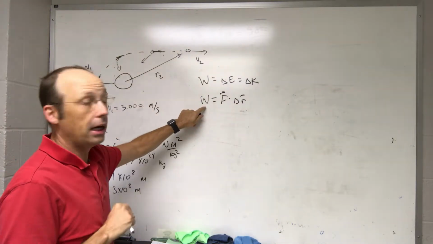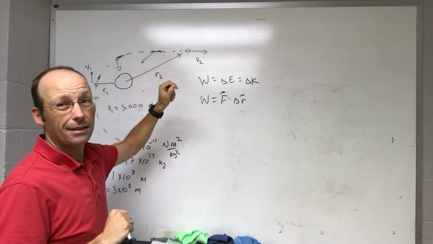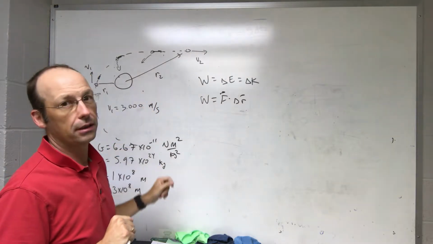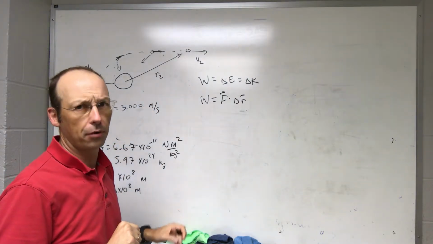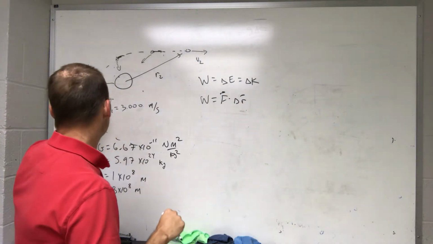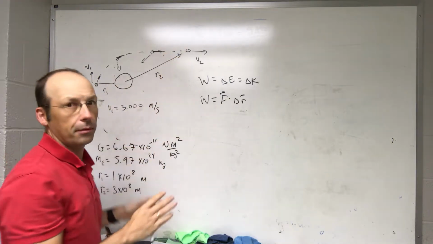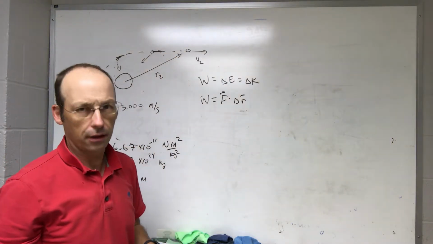If you want to do this, you'd actually have to integrate the force along that path, and that's not super easy. There are some tricks you could do that make it pretty easy, but overall it's not easy, so don't do that either. And don't just calculate one force and then use that for the change in R. That's really not good either.